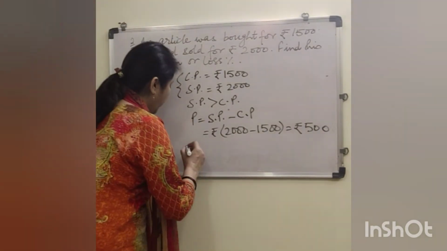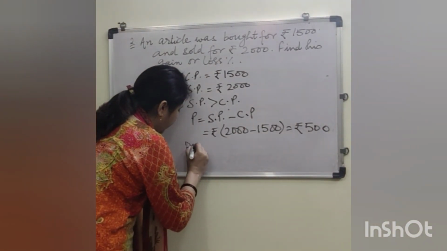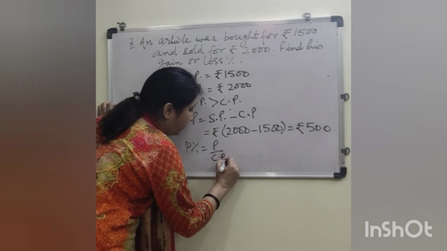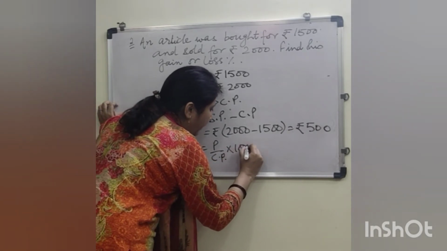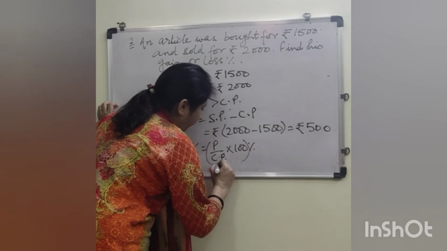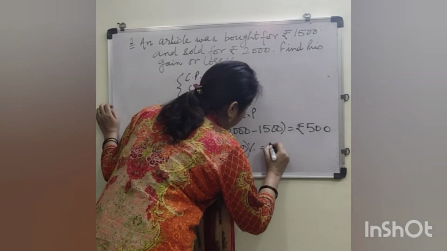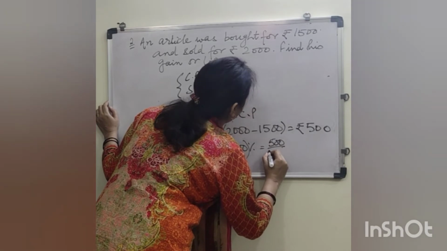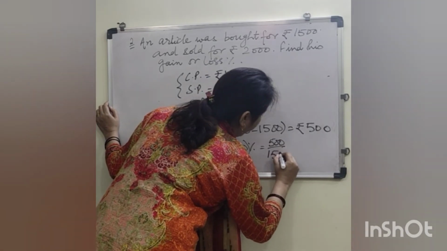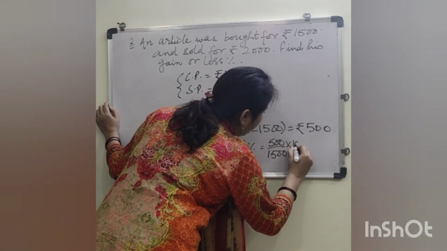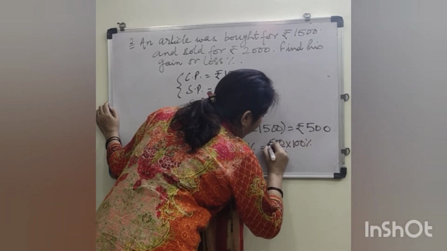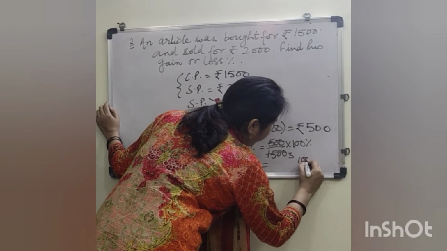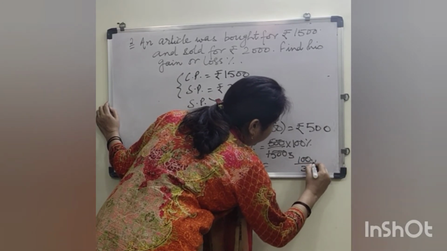Now you have to express this profit as a percentage. So profit percent is equals to profit upon CP into 100%. So apply the formula, that is profit is 500, CP is rupees 1,500 into 100%. 500 3 times. 100 by, it is 100 by 3%.